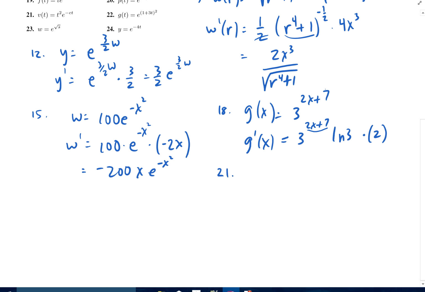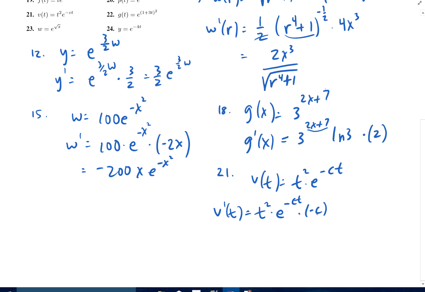21. v of t equals t squared e to the negative ct. c is a constant. Now when we look at this, you have to recognize that if I want to take the derivative of this, it's a product. So v prime of t is the first times the derivative of the second, e to the negative ct, and then the chain rule says I have to multiply by negative c, the derivative of the exponent, plus the second times the derivative of the first.